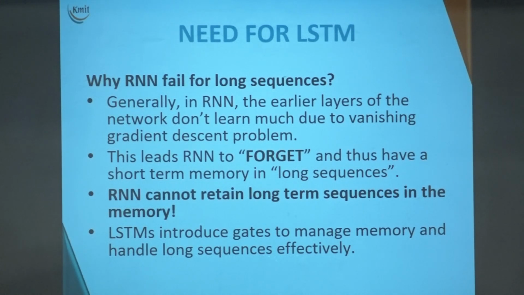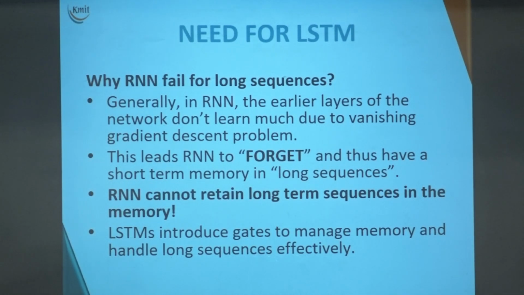So a new type of neural network, an enhancement of RNN, was introduced, that we call LSTM, long short-term memory. LSTM was introduced to overcome this problem of RNN. It had a special architecture which constituted memory cells and certain gates.